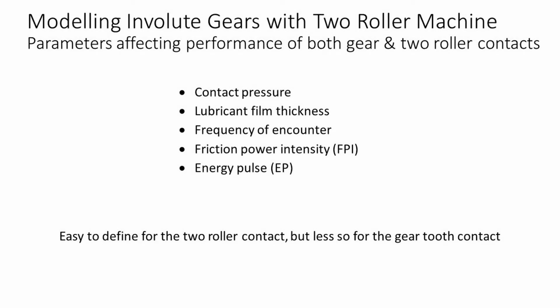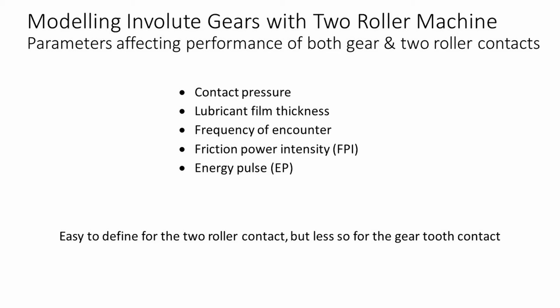The parameters affecting performance of both gear and two-roller contacts are as follows: contact pressure, lubricant film thickness, frequency of encounter, friction power intensity, and energy pulse. All these parameters are easy to define for the two-roller contact, but less so for the gear tooth contact.